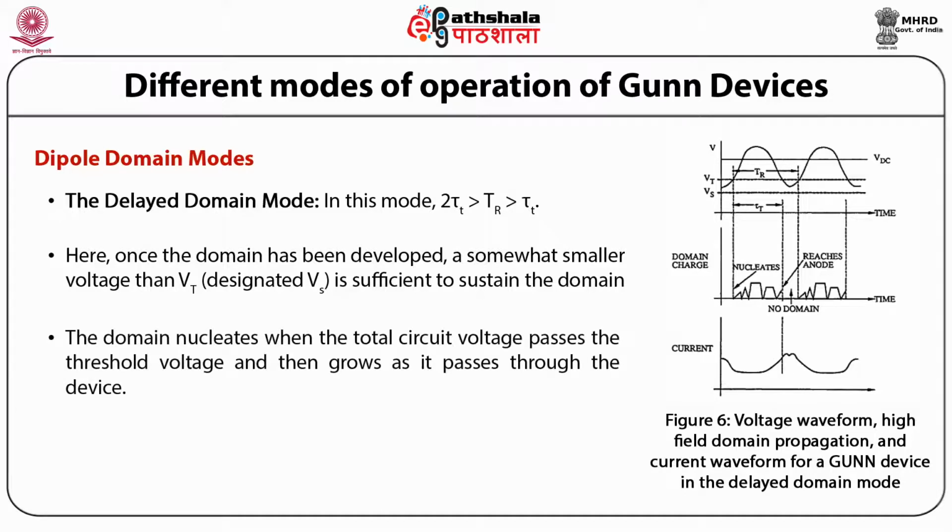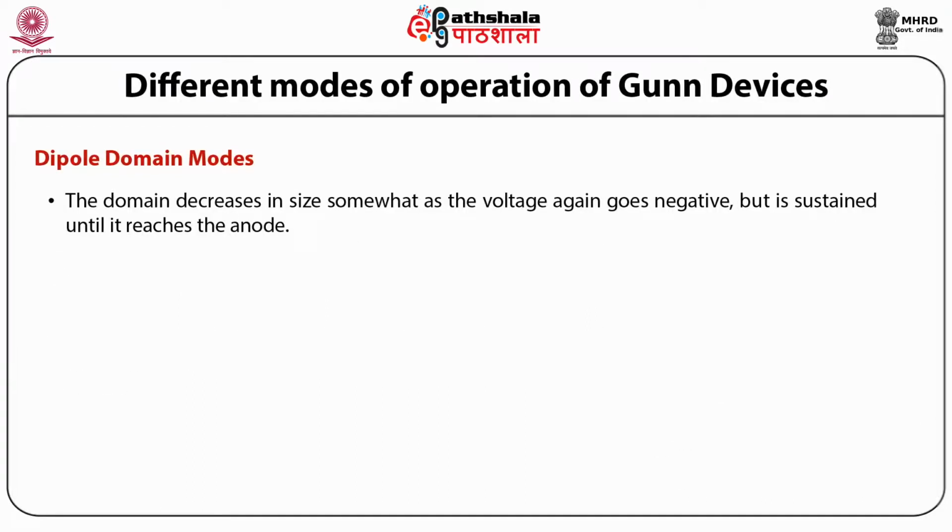The domain nucleates when the total circuit voltage passes the threshold voltage and then grows as it passes through the device.